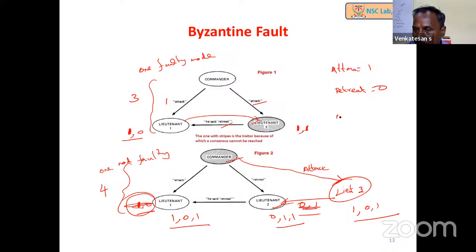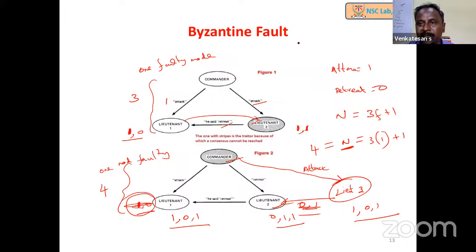Let's say my network size is n, which is equal to 3f + 1. Here f refers to the number of faulty nodes in the network. So in the second network, the number of faulty nodes is only 1, which is the compromised node, so 3 + 1 is 4. If the network is of this size with this faulty node, then we will be in a position to take the decision.